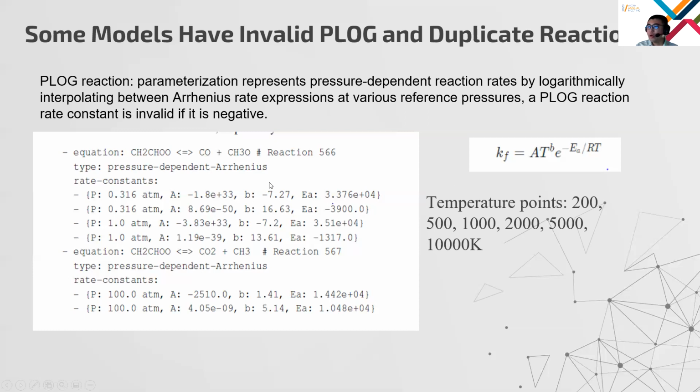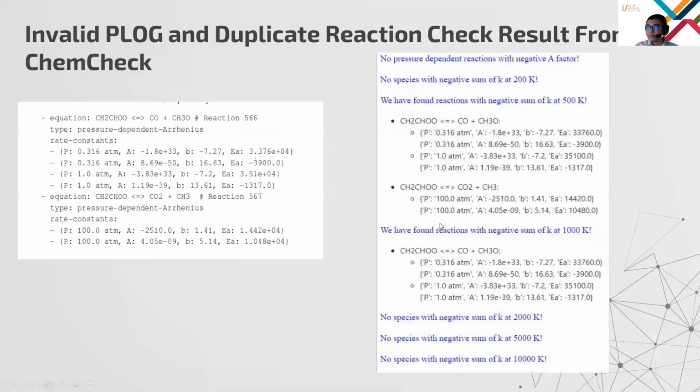So Chemcheck will check the reaction at each reference pressure point, plugging these parameters into this Arrhenius expression at these 6 different temperature points to make sure they all have positive results. So if there are any negative results found, it will be reported on the Chemcheck website.